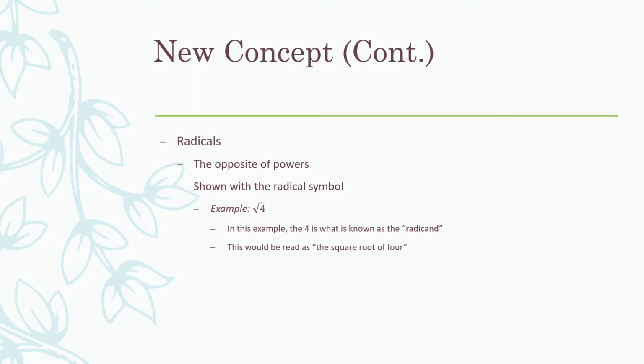And as I said before, you would read this as the square root of 4. And if we want to show the relationship between radicals and powers, you could rewrite square root of 4 as question mark, unknown, squared equals 4. So whatever number squared equals 4 is the square root.